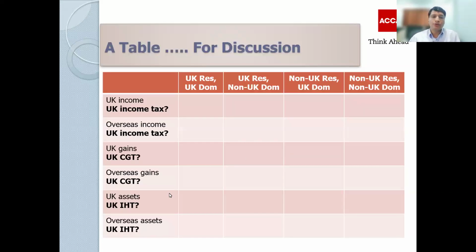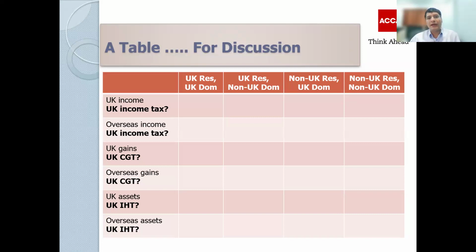Now, moving on to the overseas gain. Let's look into the first point, UK resident. Again, for the purpose of capital gains tax, domicile is not a very relevant concept. So you'll see for the income and the gains, the concept of domicile is less relevant. I'll come on to that in a minute again.